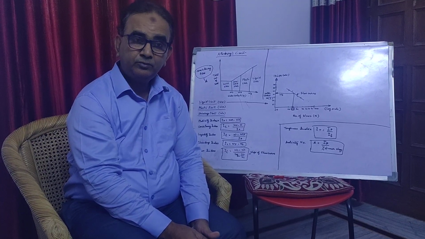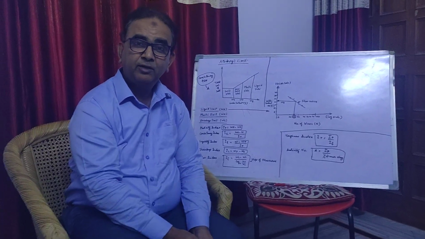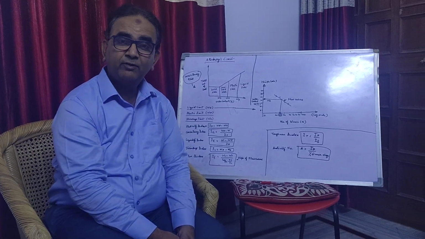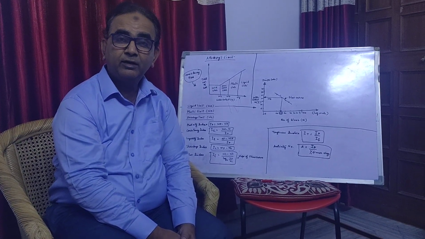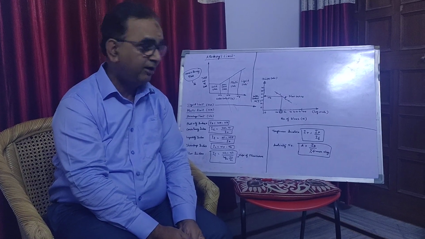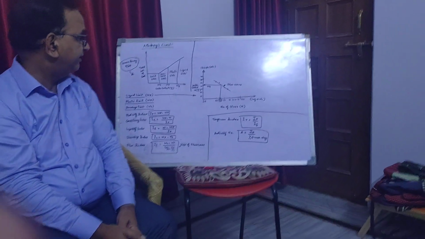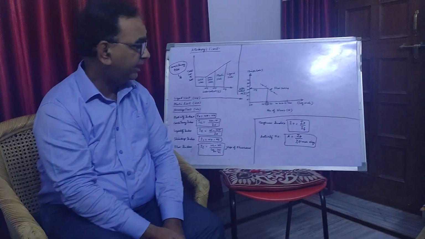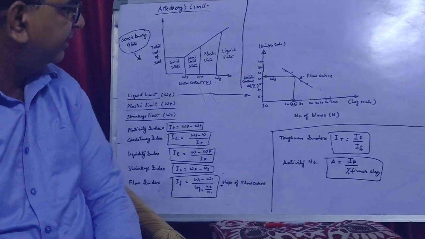So up to the point where the increase of volume starts, it is solid state. After that, there is the semi-solid state and the plastic state.